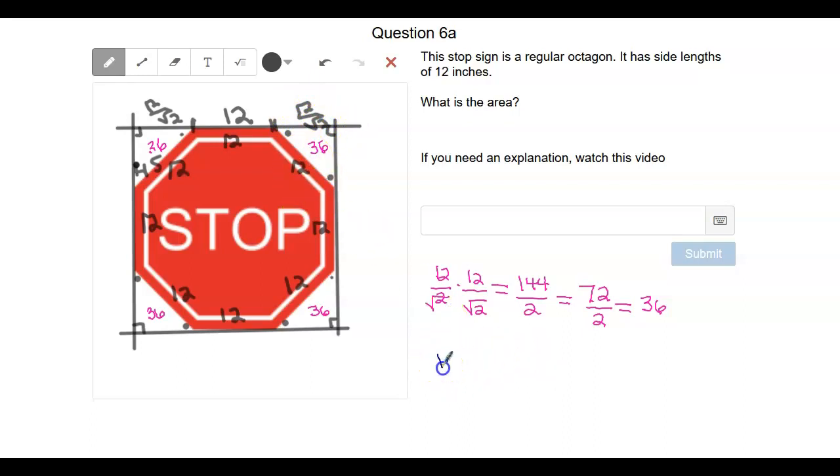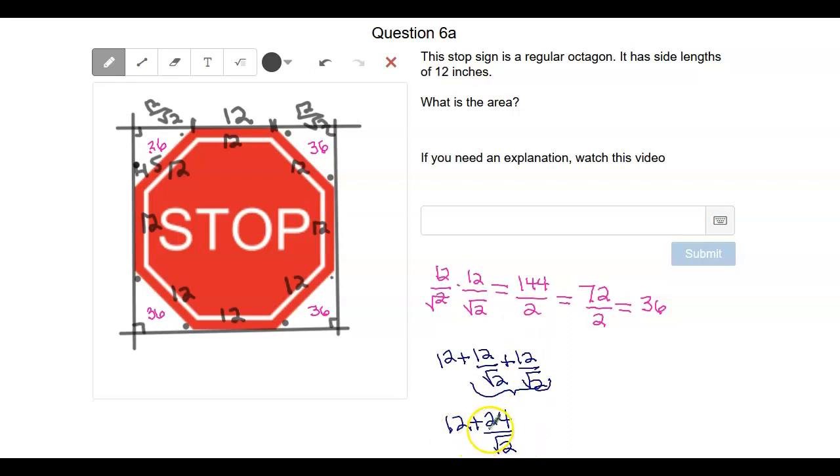So we have 12 plus 12 over the square root of 2, and we have that one twice. And so these two together are going to give us 24 over the square root of 2. That sure is an ugly number. That is not fun at all.